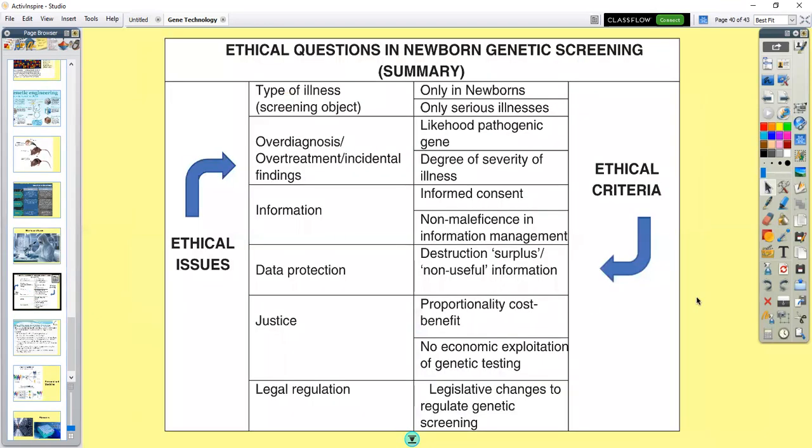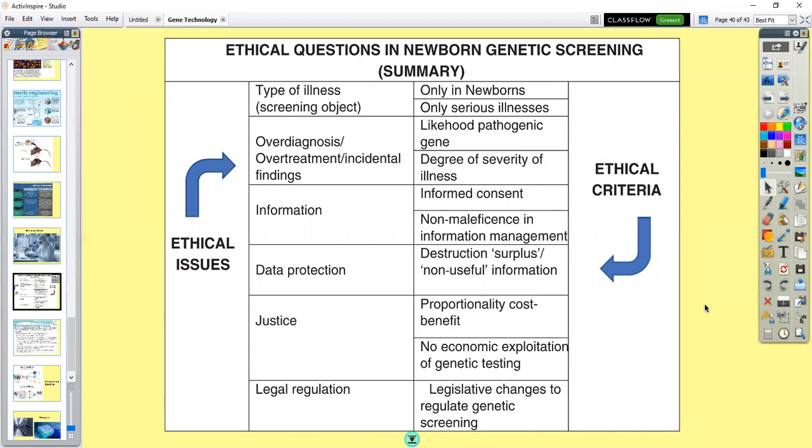Obviously, there are then ethical questions around gene technology and genetic engineering, and also with genetic screening. So you can be screened for particular diseases, which you can use your DNA probes that we talked about before for detection of certain diseases.